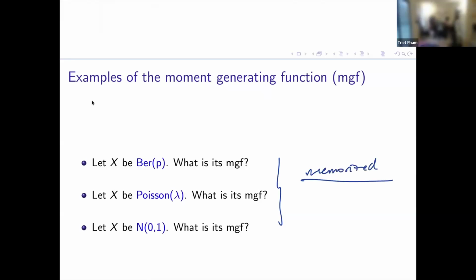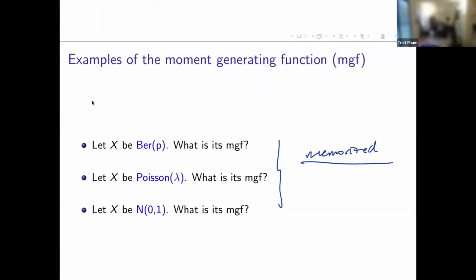The reason is you will see that the moment generating function, just like the mass function or the density, is a signature of a random variable, meaning that you recognize a random variable by its moment generating function. Therefore, if you don't recognize these, you can't know what random variable you're working with.